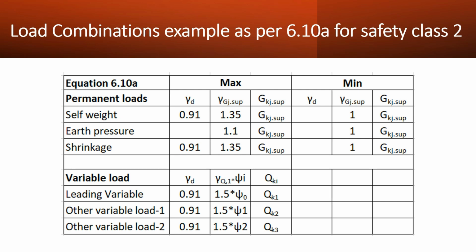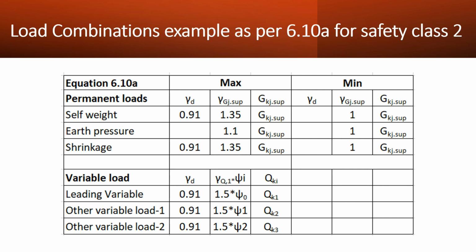Now, for the self weight, if I go as per equation 6.10a, the value will be 1.35, and for the permanent load, the minimum value in case of favorable is a coefficient of 1. Same is the earth pressure. I told you for the geotechnical loads we use set C, so here I have used the coefficient 1.1, right?